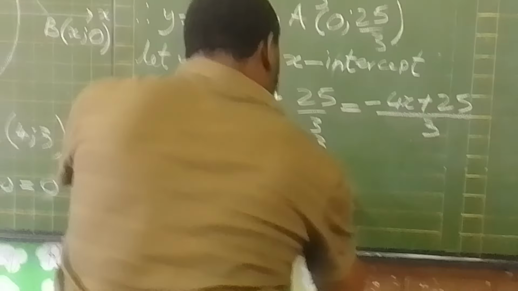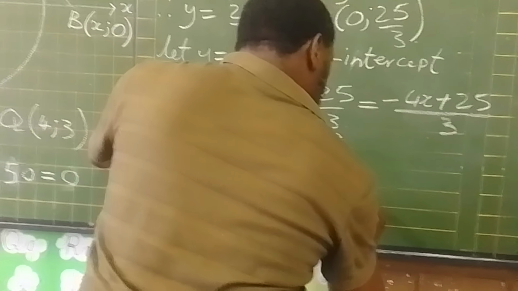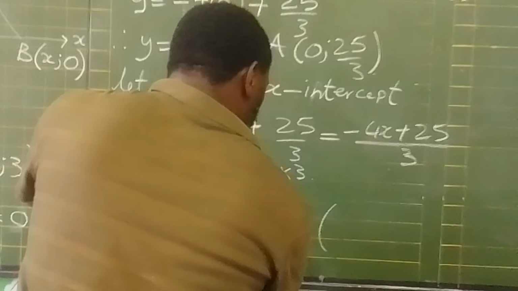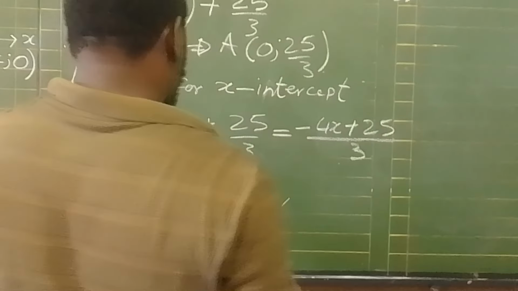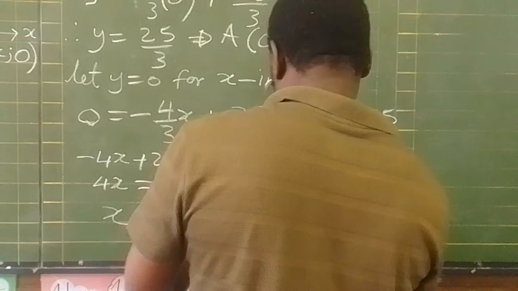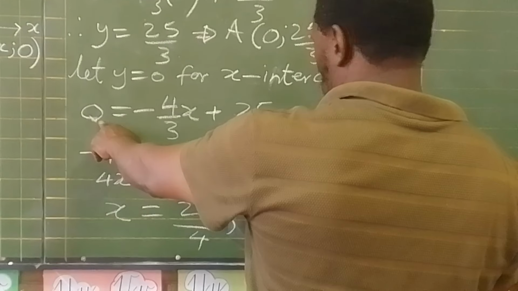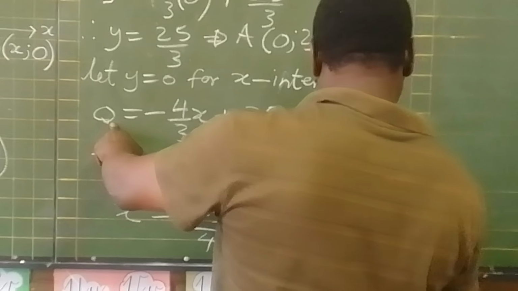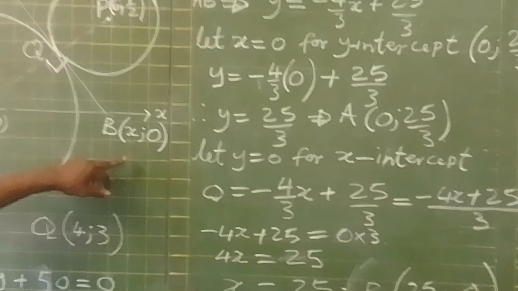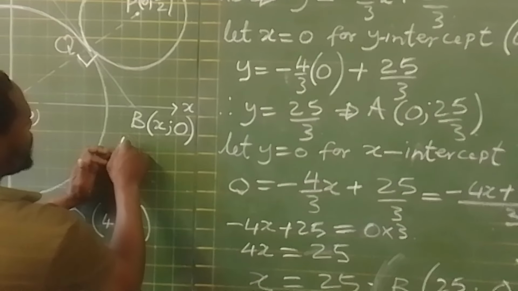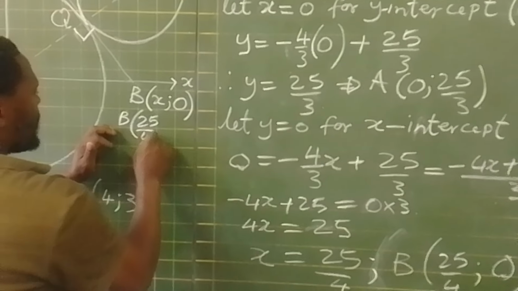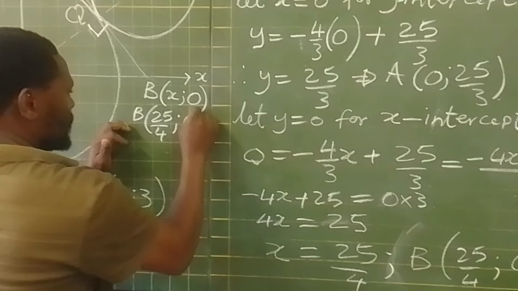That will be B. B is (25/4; 0). This is the point. So your B here is going to be (25/4; 0).